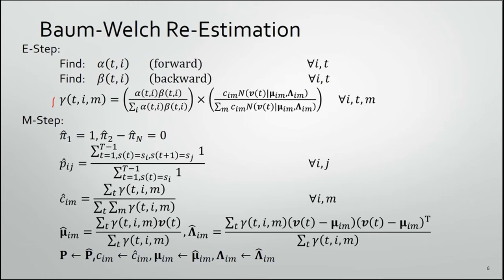And then the new values of Pij, Cim, Mu im, and lambda im are replaced with the estimated values, and the next iteration starts. We don't need to estimate pi because this is actually given. It's not even necessary to put that in the M step, because we already know that pi 1 is always 1 and all the other pi's are 0.